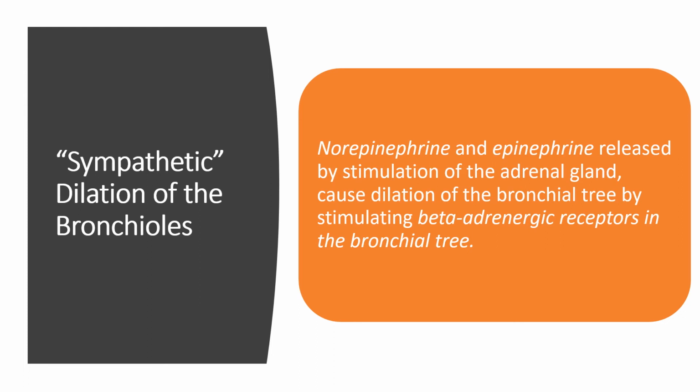However, the bronchial tree is very much exposed to norepinephrine and epinephrine released into the blood by sympathetic stimulation of the adrenal gland medulla. But both these hormones, especially epinephrine, because of its greater stimulation of beta-adrenergic receptors, cause dilatation of the bronchial tree.